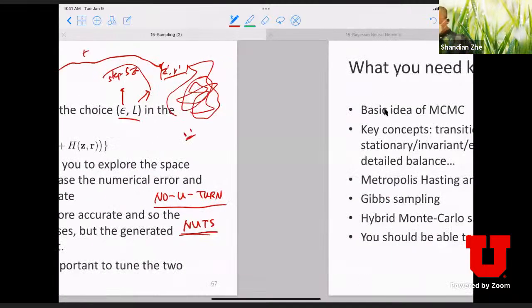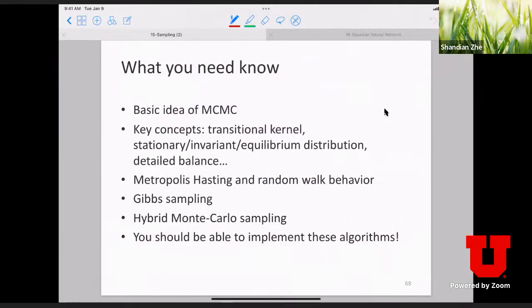Great. So now we have finished the introduction of Markov Chain Monte Carlo sampling. Of course, this is a huge branch. We just discuss what is really fundamental and important, because we want to deliver an idea. We cannot cover all the cutting-edge progress.